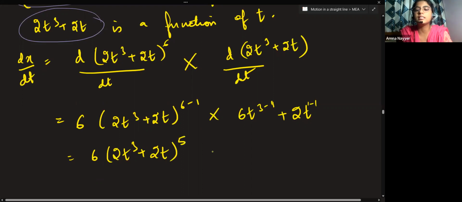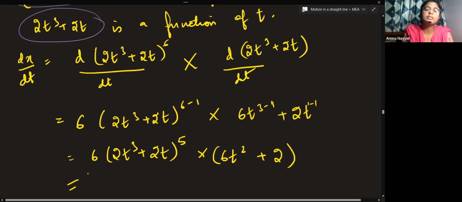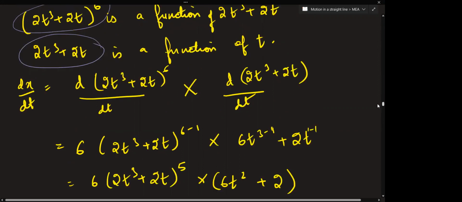So this is this term, multiplied by 6t to the power 3 minus 1, that is 6t square, plus 2t to the power 1 minus 1, which is t to the power 0, written as 1. So this is your answer. Now understood? Yes, ma'am. Understood. All right. Okay, noted down.